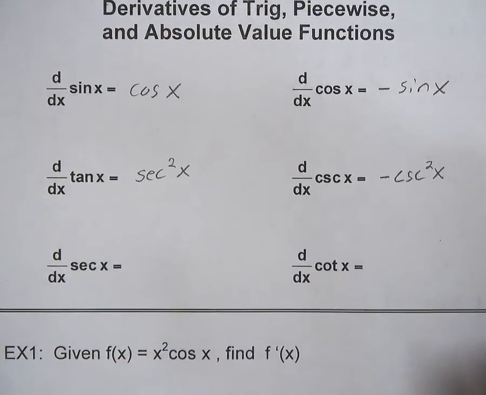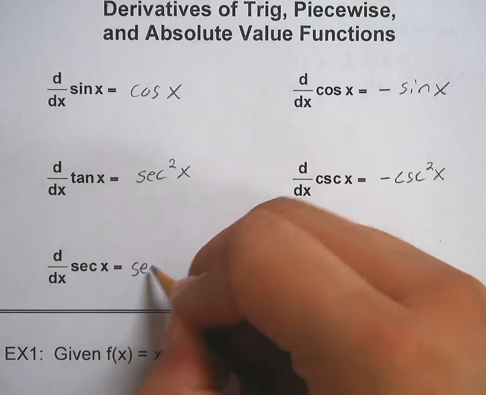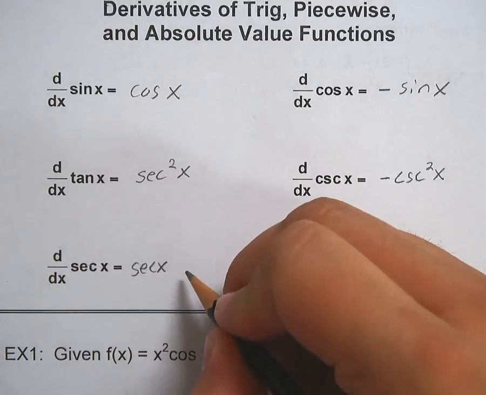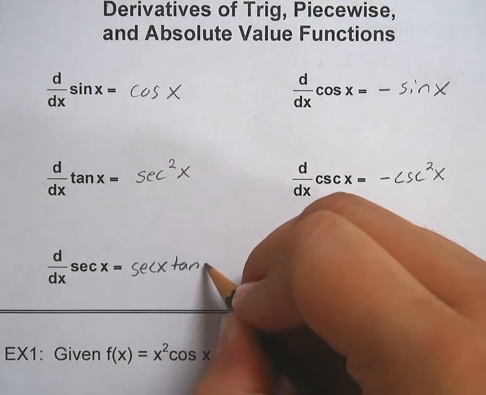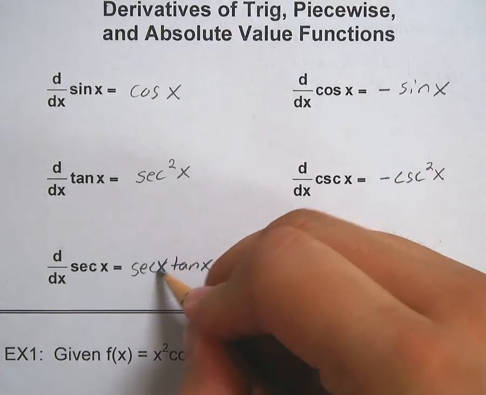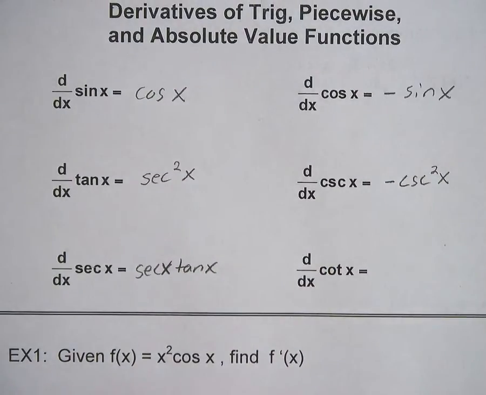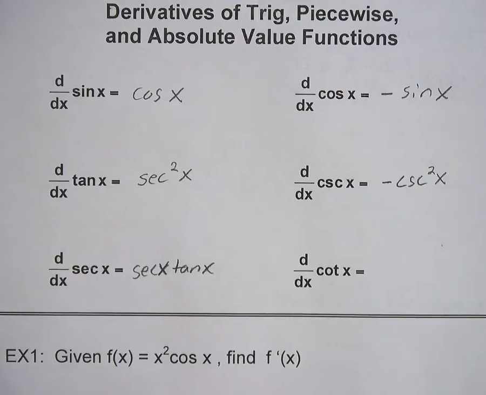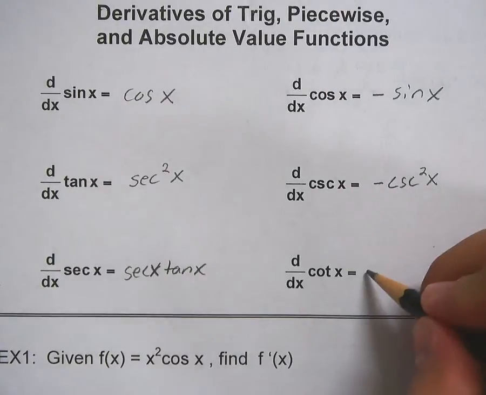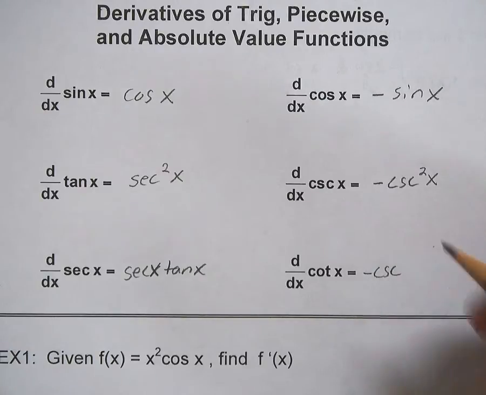The derivative of secant x is secant x tangent x, and you're multiplying those together, secant x, tangent x. And then the derivative of cotangent x is negative cosecant x cotangent x.